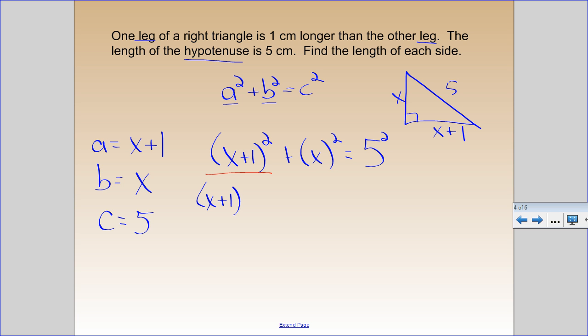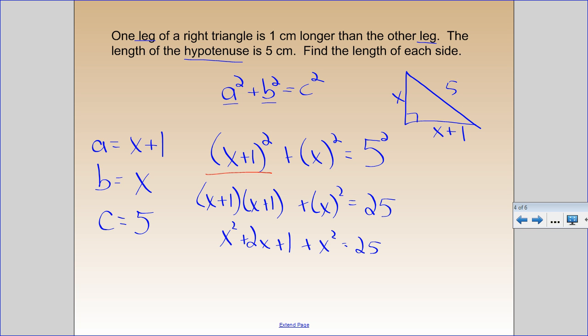This is x plus 1 times x plus 1 plus x squared is equal to 25. By doing my distribution, I get x squared plus 2x plus 1 plus x squared equals 25. And now I'm just going to continue combining like terms until I can set it equal to 0.